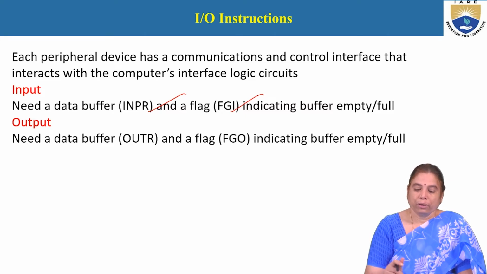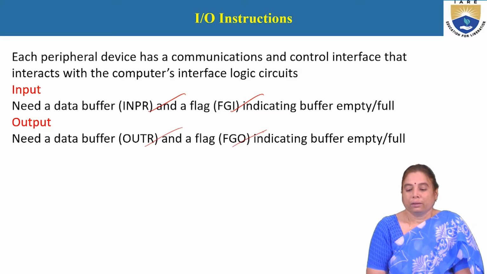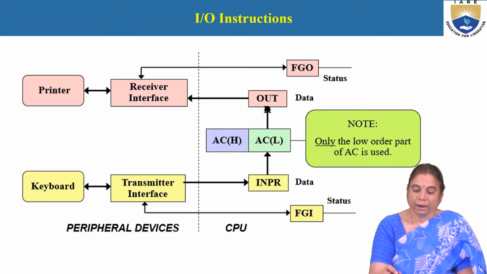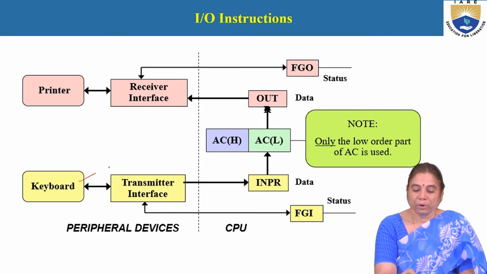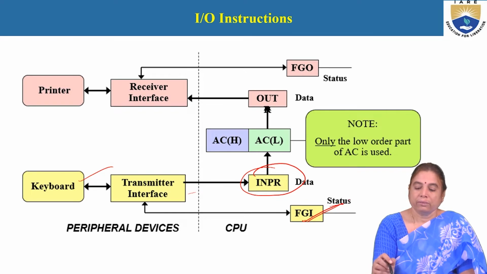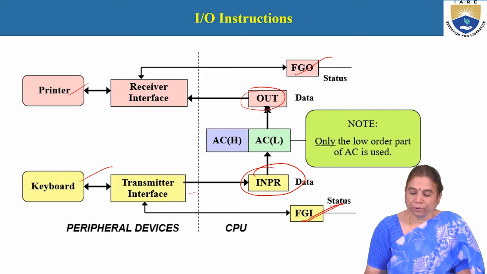During output, the OUTR register and FGO indicate the buffer status and the status of the interrupt. For example, take the keyboard: the transmitter interface with the INPR holds the data, and FGI shows the status. Similarly for output, with the help of FGO, the printer or other output devices carry out the output process.